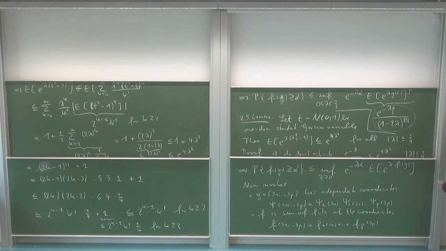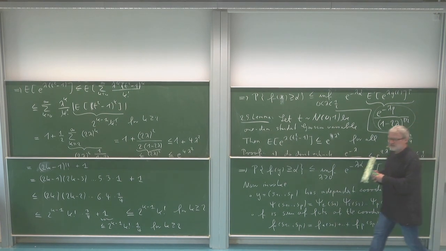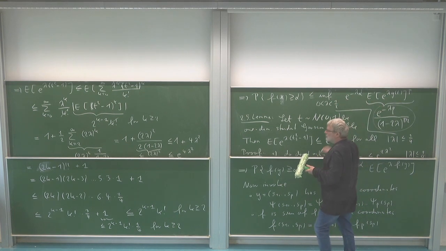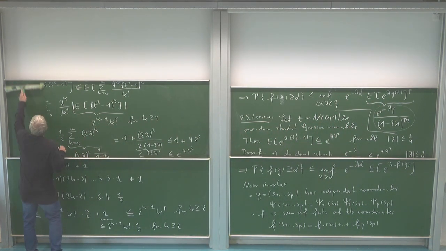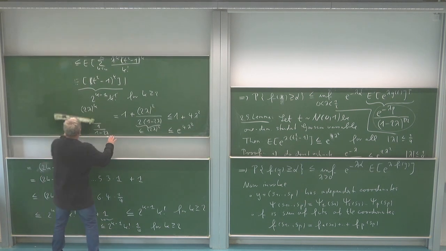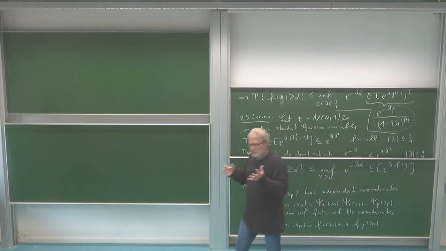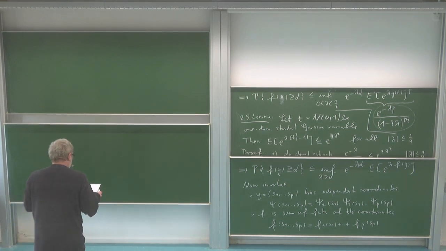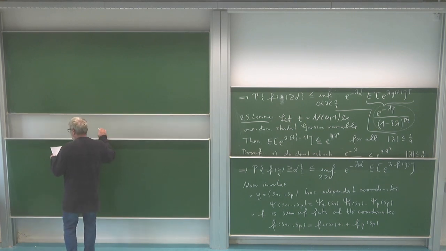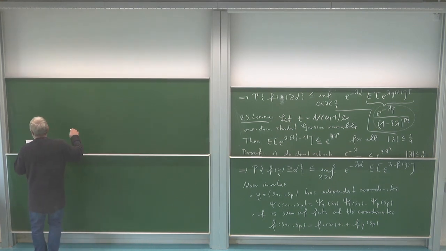We have things so explicitly that it's very easy to find the infimum over this and get a concrete estimate. So now we really do the proof of our main theorem for the concentration of the norm of our variable.